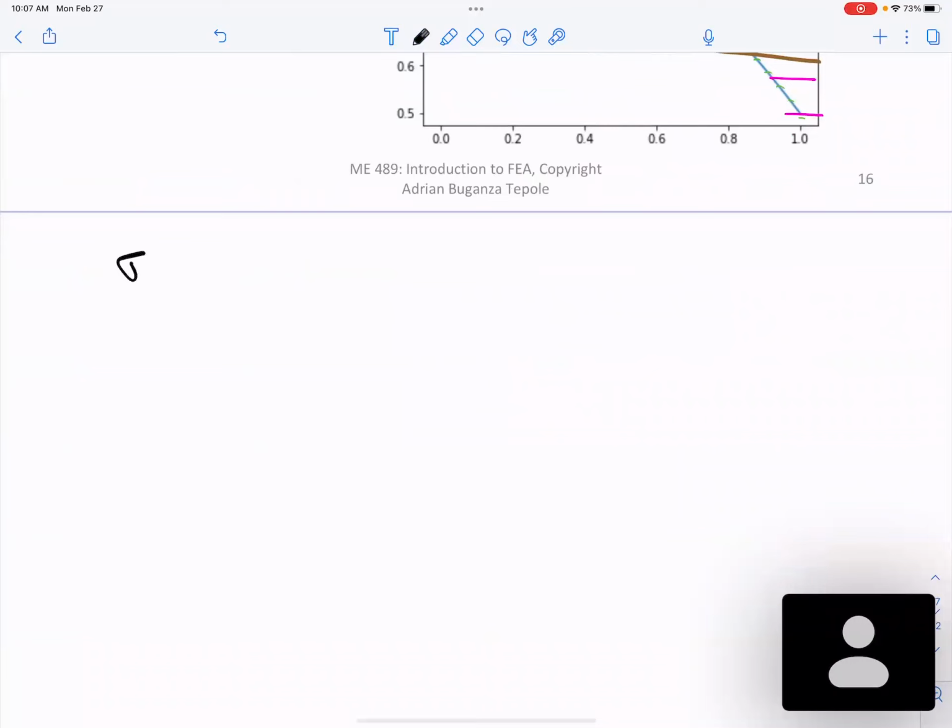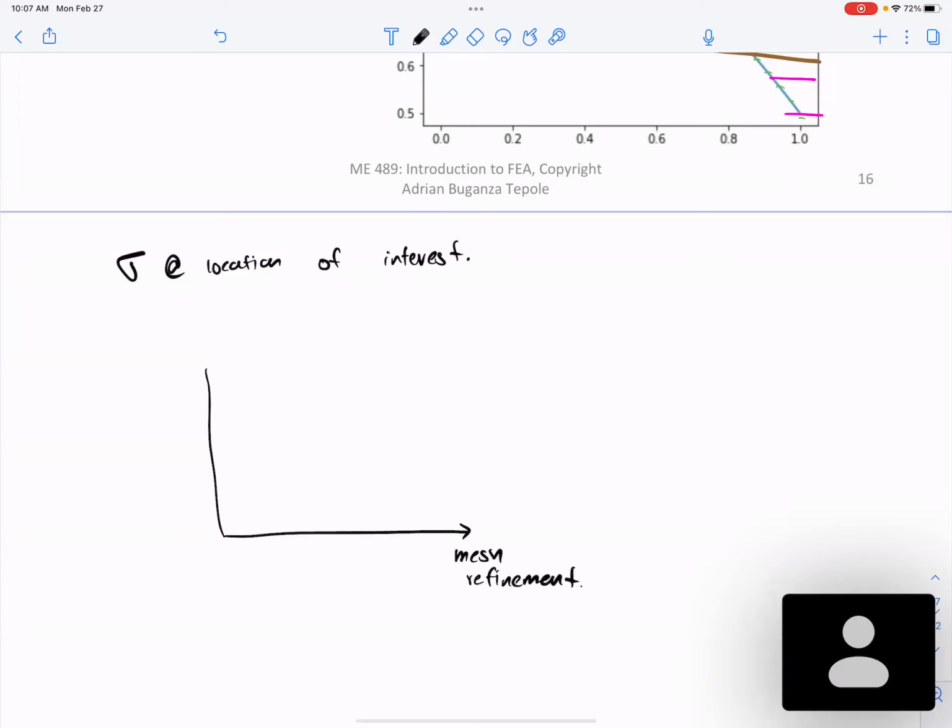If you pick the stress location of interest, you will see that as you make your mesh smaller, the stress at that location will start at some point. Let's say this is your coarse mesh, and this is your finest mesh. It will do something like this.